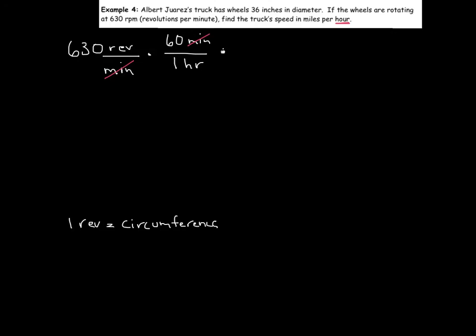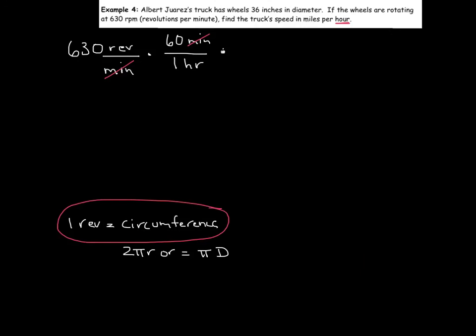And we know the circumference is 2 pi r, or pi times diameter. We learned that a long time ago. So that's the key. If you're trying to convert revolutions into circumference, or some sort of unit measurement like inches or whatnot, you need to use this conversion right here. 1 revolution is equal to the circumference.